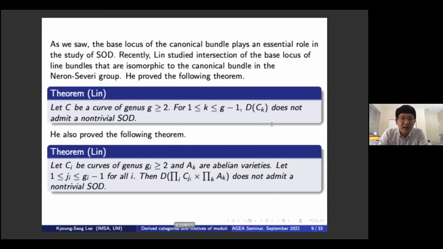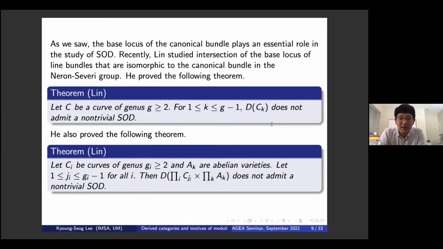As we saw, the base locus of a canonical divisor plays an essential role in the study of semi-orthogonal decompositions. But recently, Sun Lin studied another kind of base locus to study the non-triviality of semi-orthogonal decompositions.